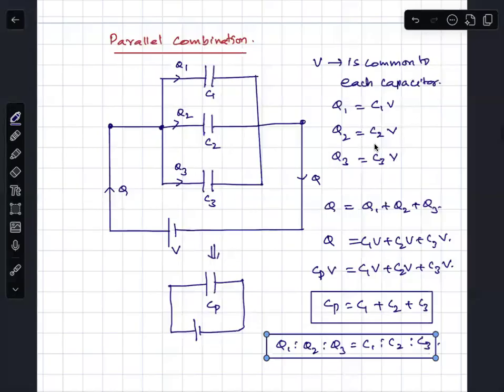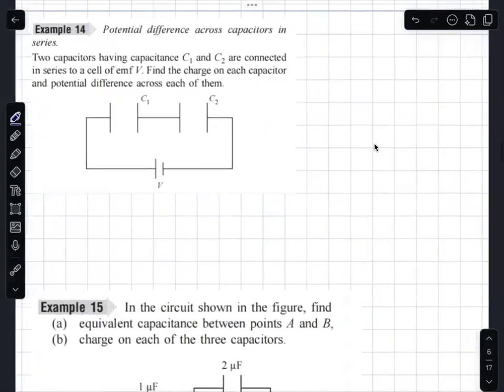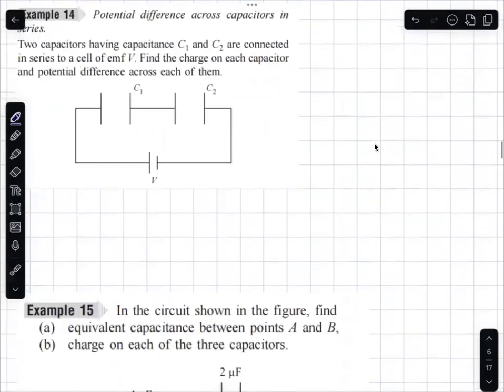Right. Next, let us start doing this question. You have two capacitors having capacitance C1 and C2, and they are connected in series to a cell of EMF V. Find the charge on each capacitor and the potential difference across them. The charge is common.